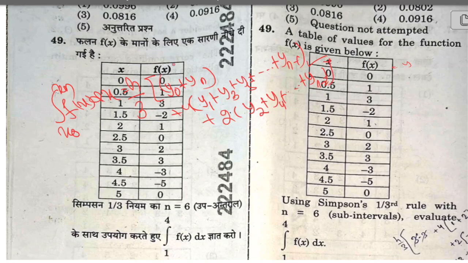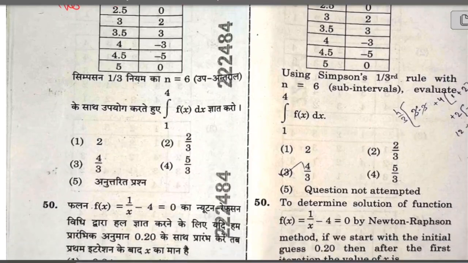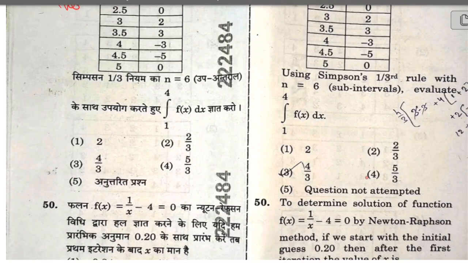Now again, using this formula you can easily calculate the integral value, and it will be 5 by 3. Your correct option is here option 4.